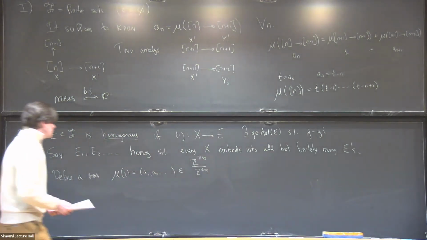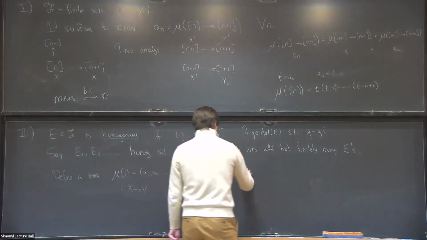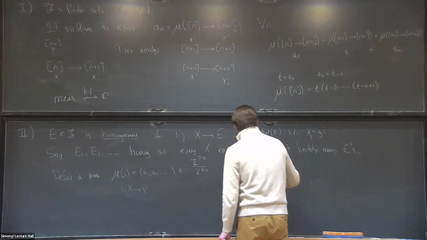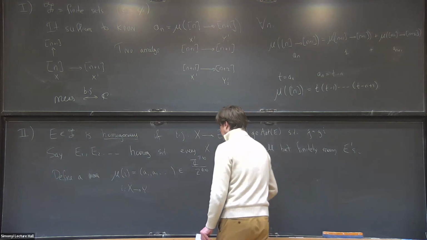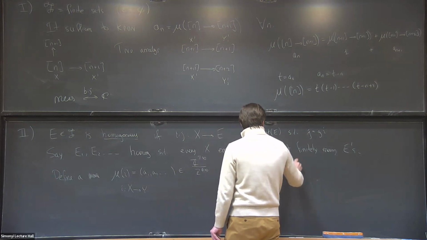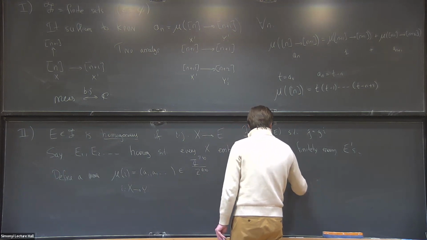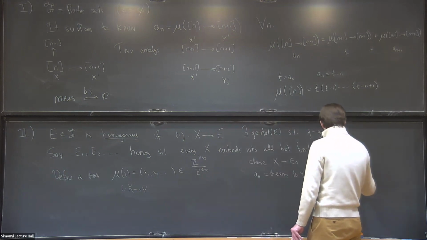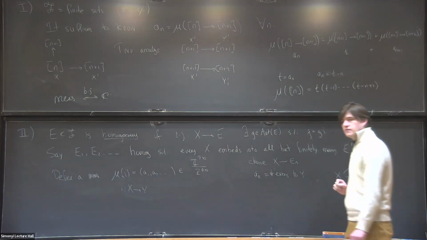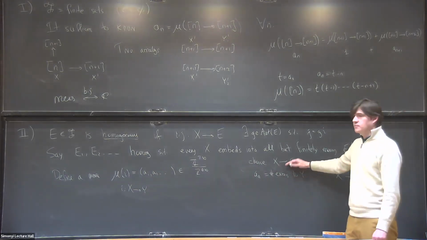And the way that this works is, here i is my embedding of X into Y. And what is the a_n? To define a_n, if we choose an embedding of X into E_n, then a_n is the number of extensions of this embedding to Y. You have X embedding into E_n, X embedding into Y, and we want to count the number of ways of extending our embedding of X. This is independent of the choice of embedding because E_n is homogeneous.